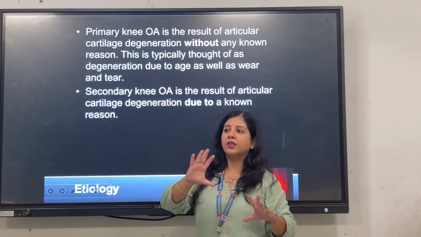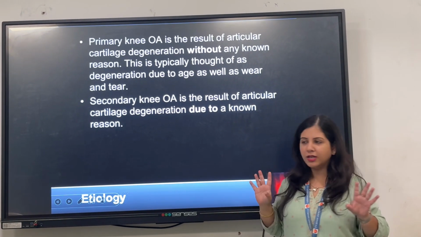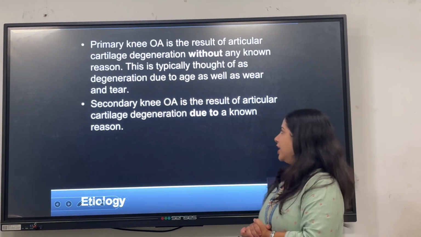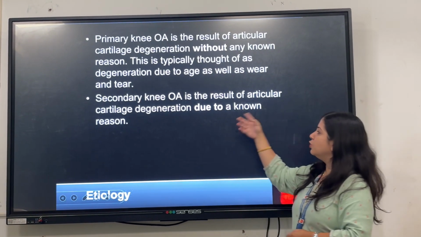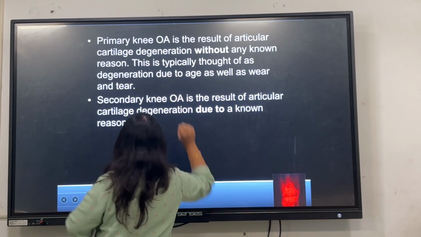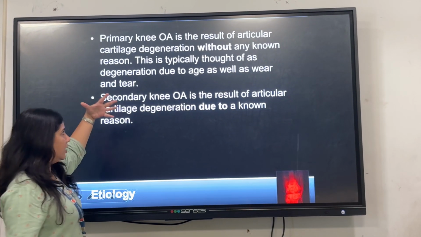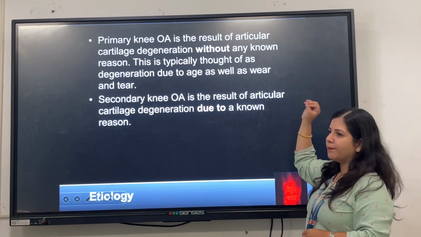Secondary means the problem is something else in the body and it is affecting the knee joint and causing arthritis. That is the result of articular cartilage degeneration due to a known reason, some other cause. While primary OA is just deterioration with age, and there is no other particular cause.